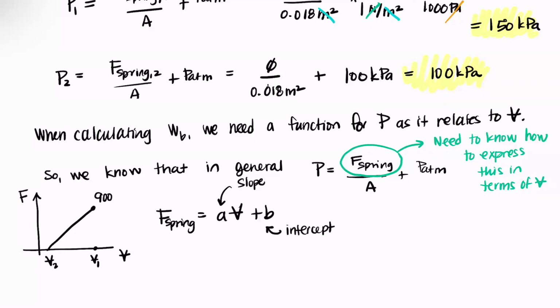Is everybody with me so far? Okay, so essentially we have two coordinates on this line, so we can figure out what the slope and the intercept are. We have 2 points of data, 2 unknowns. We can figure this out, right?